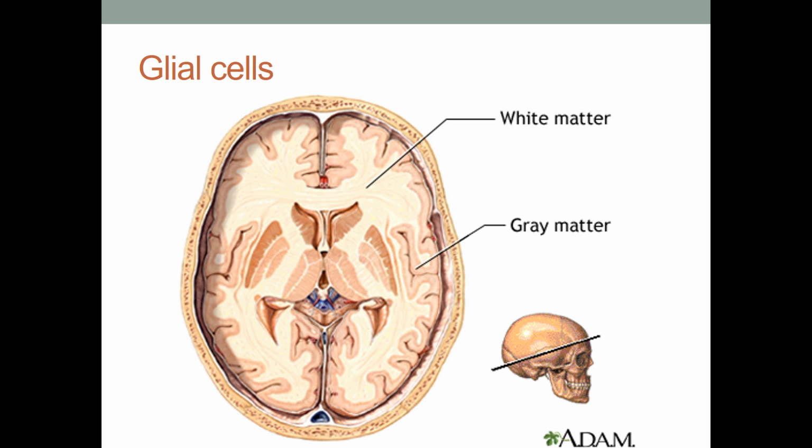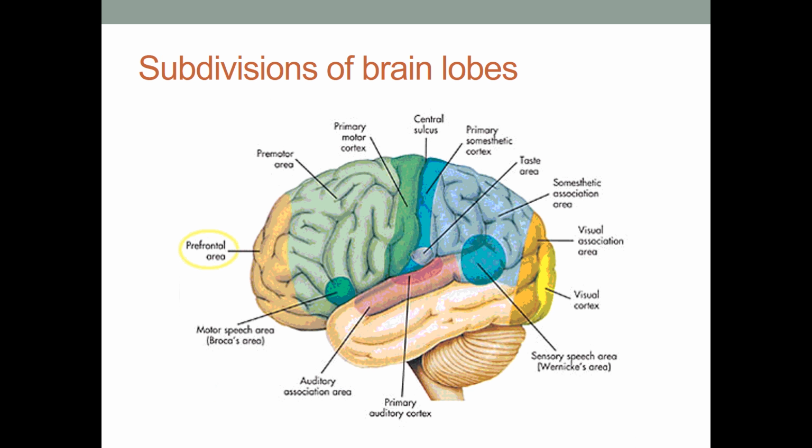White matter is a fatty substance made mostly of myelin and axons and glial cells. And remember, glial cells are those cells that sort of clean up after the neurons have done their job, and help to provide support, repair, and nourishment to those neurons. So the gray matter actually is only a little bit of space, and the white matter, all the stuff that supports the gray matter, actually makes up a whole lot more of the brain.